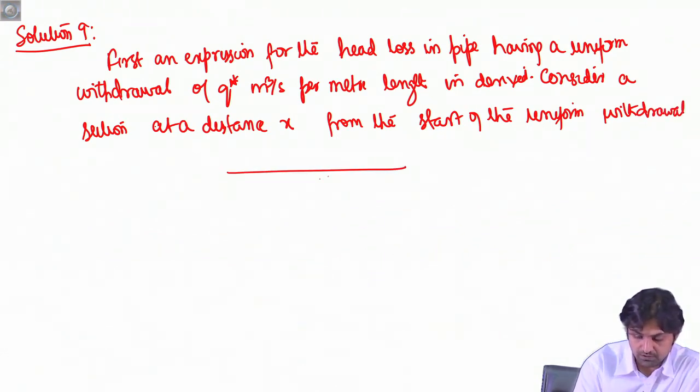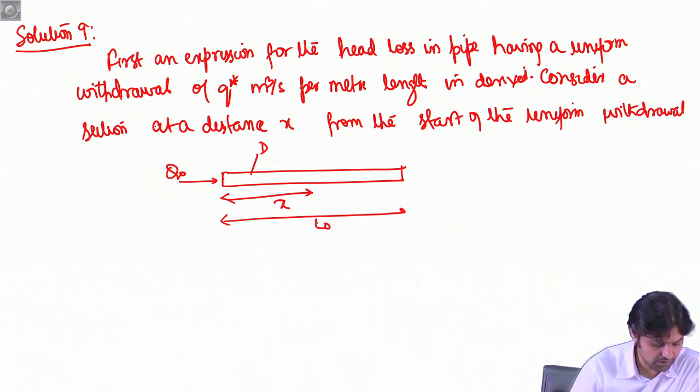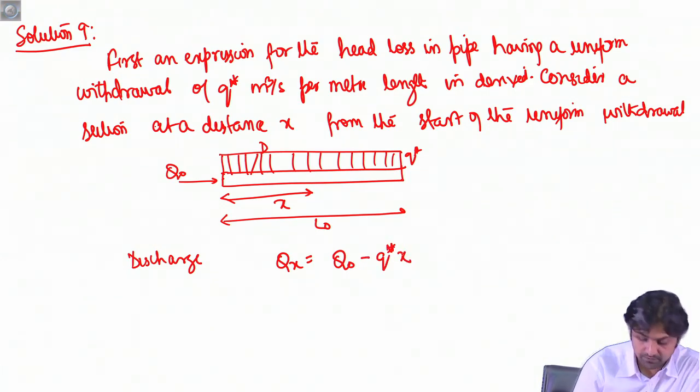So this is a pipe, this diameter is d, and we have Q naught, and from here we assume a distance x. This distance is L naught, and the withdrawal is uniform, that is Q star. So discharge going at x will be Q naught minus Q star into x, right?